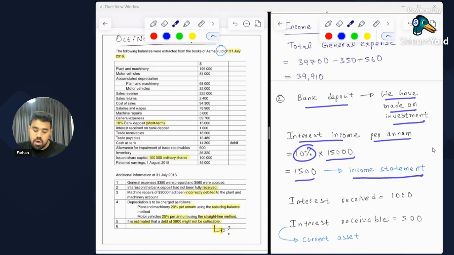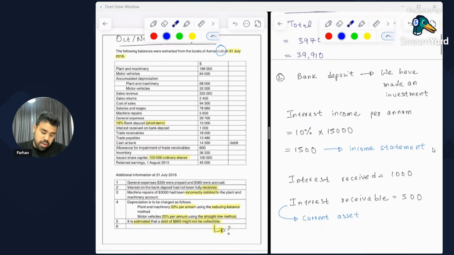Okay? All right. Then let's check the information that we have got underneath the bank deposit, which says that interest received on bank deposit is $1,000. So what do we understand by that? Interest received of $1,000 simply refers to the cash that you have got, which is $1,000.